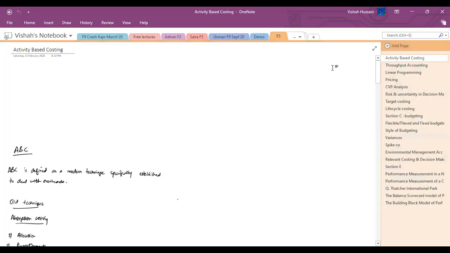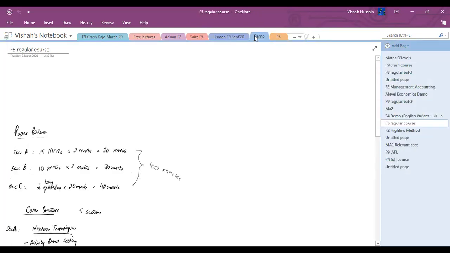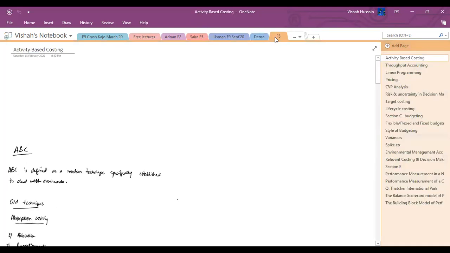right now, the first topic that we're going to be discussing for today is activity-based costing. But before I move on to that, do you guys have any queries in regards to the paper pattern or course structure?